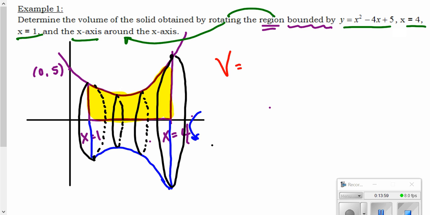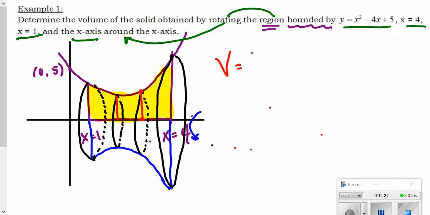All right, so here is my shape, and it looks like some kind of weird vase on its side or something like that. So I know that my slices are going this direction, which means my radii are these kind of segments. And if I need to find a vertical, I'm going to go from top to bottom. And so I can just take this function as it stands.